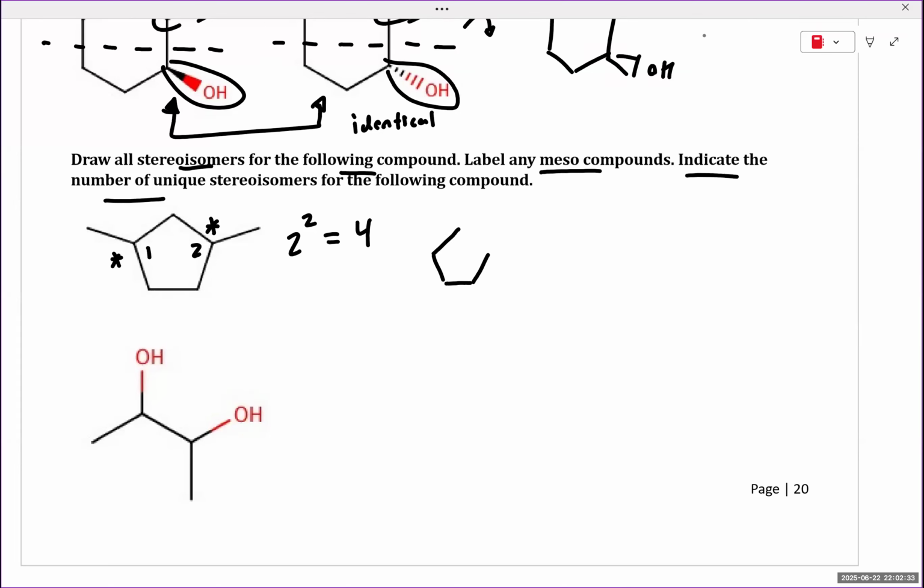So let's draw them and see what happens. I'm going to draw one with a wedge, the other with a wedge. I'm going to draw one methyl with a dash, the other with a dash. I'm going to draw one methyl with a wedge, the other with a dash. And I'm going to draw one methyl with a wedge on the left. Let's draw that a little more nicely.